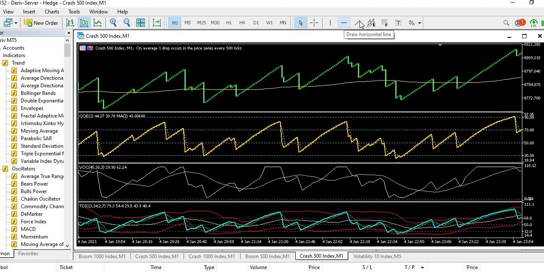Let me just draw that line. This one here, it is on a straight line. So if you had noticed that it is on a straight line 3 times, then you know that after this first spike that it touched, other spikes will follow. As long as it is spiking on the same line, you know that other spikes will follow.